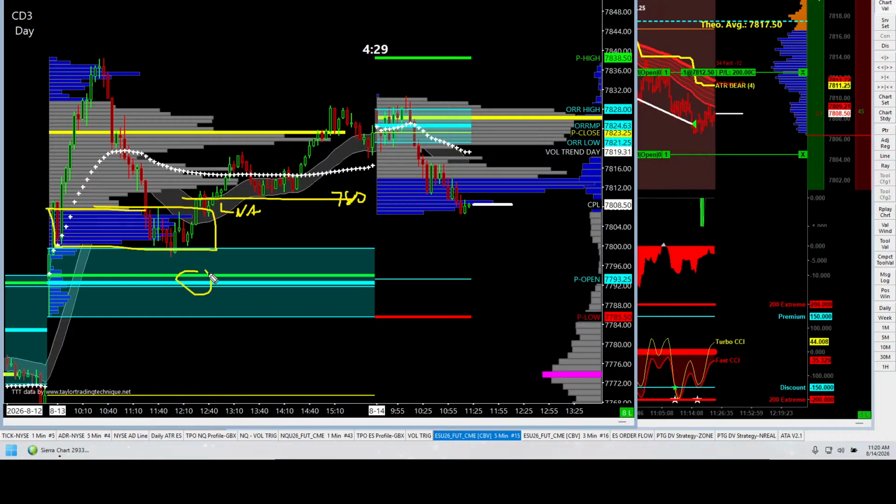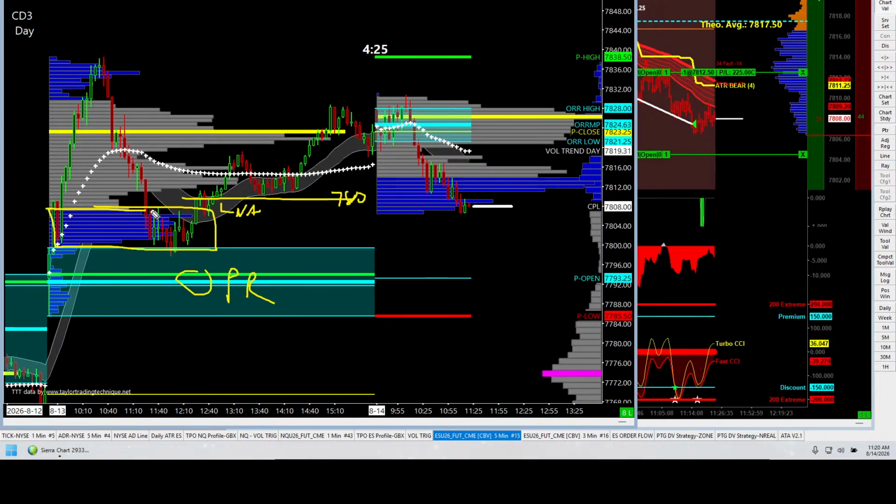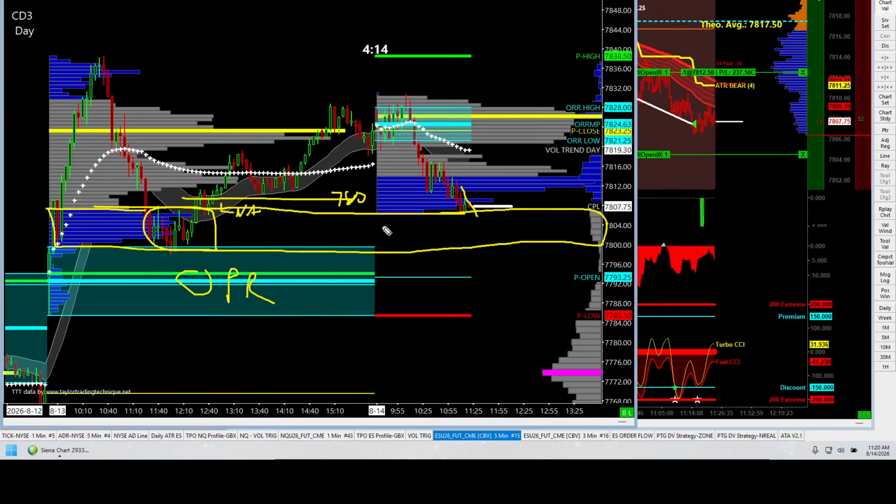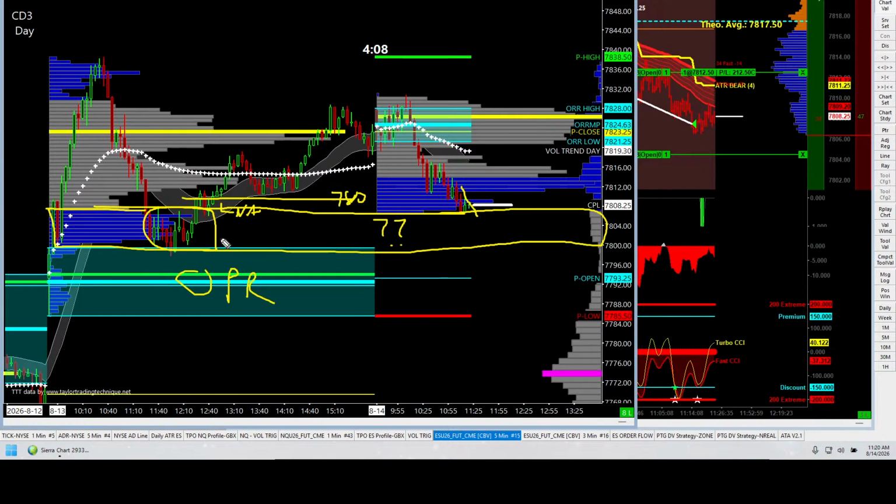This is the OPR down over here, and we have this volume cluster right here. So price is now entering the proximity of this volume cluster. We'll see if this area can hold. Number one, it needs to hold.